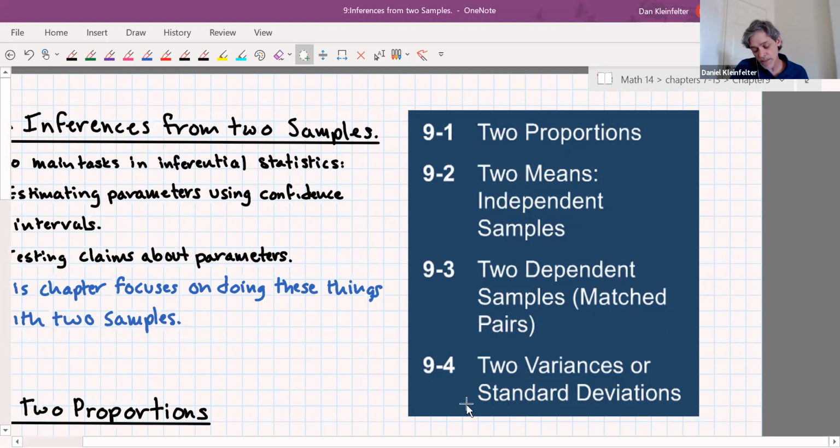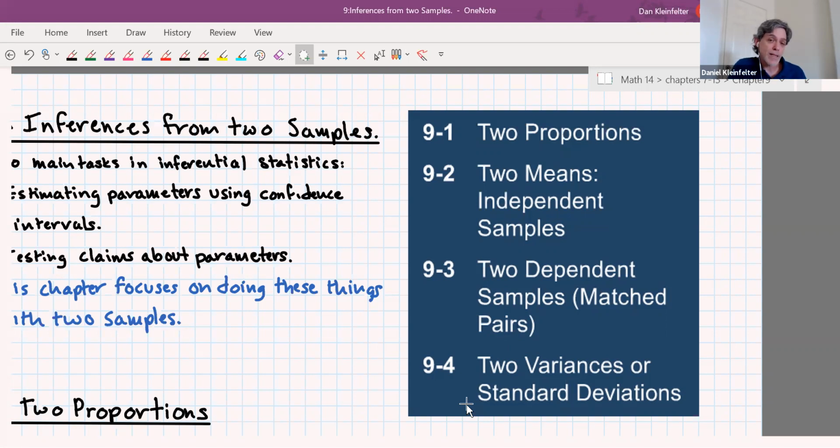9.4 is about comparing variances or standard deviations. Again, going back to the light bulb example, we have a factory in Minnesota and a factory in Florida. They produce light bulbs. The lifetimes of those light bulbs can vary. Maybe the light bulbs from the factory in Minnesota vary less than the light bulbs produced in Florida, or maybe more.